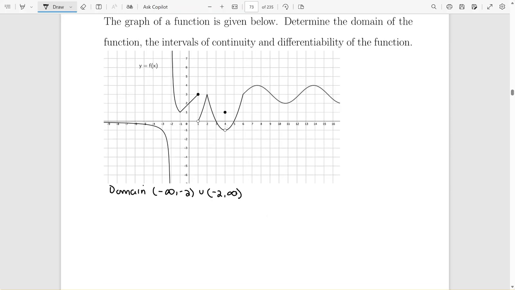If I'm looking at the intervals where it's continuous, I can pick out where it's not continuous by looking at the different discontinuity points. So at x equals -2, you have an infinite discontinuity.